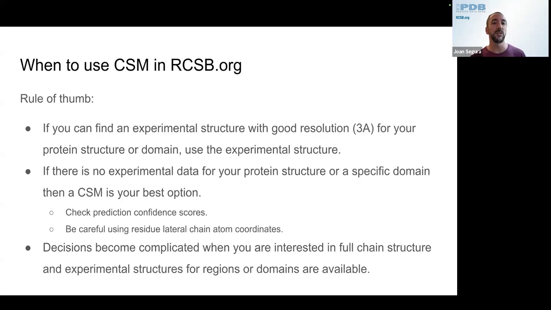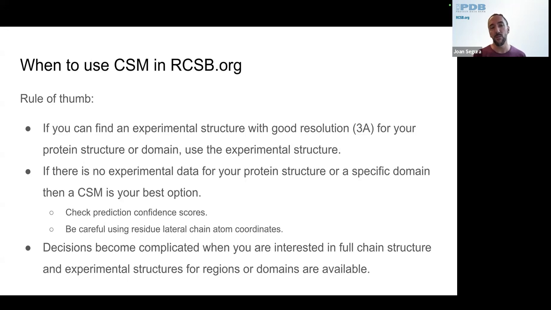Another important question is, okay, we have experimental structures and computed structure models. So when should I use a computed structure model? Well, this is not an easy question because I don't think there is a unique answer to that, and it depends on your analysis, so what is the purpose?